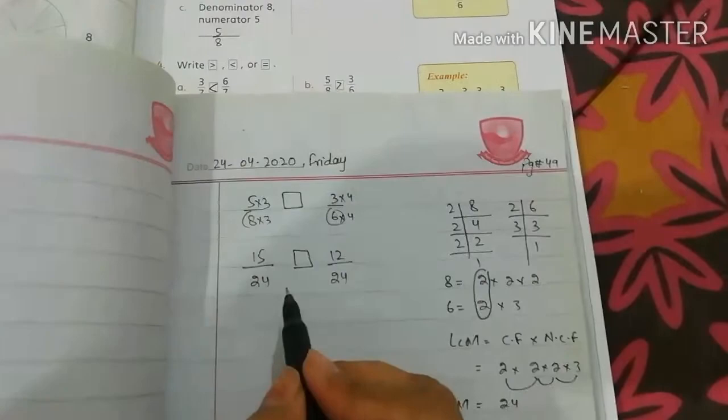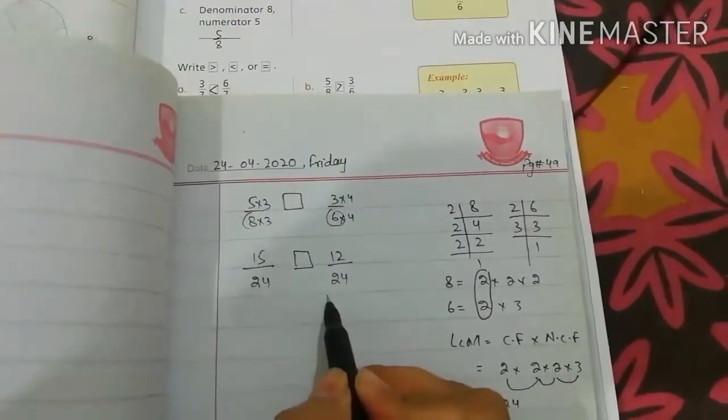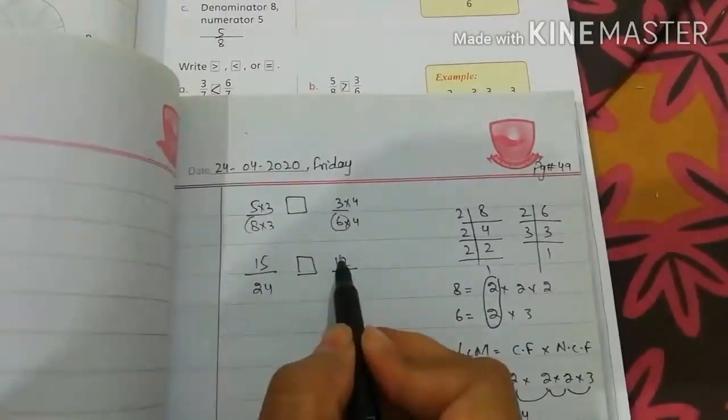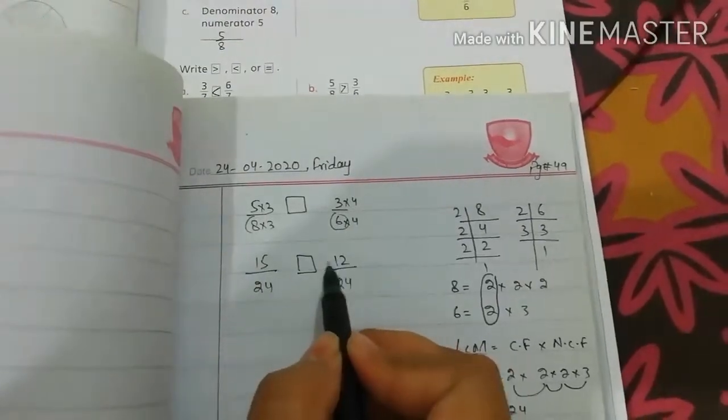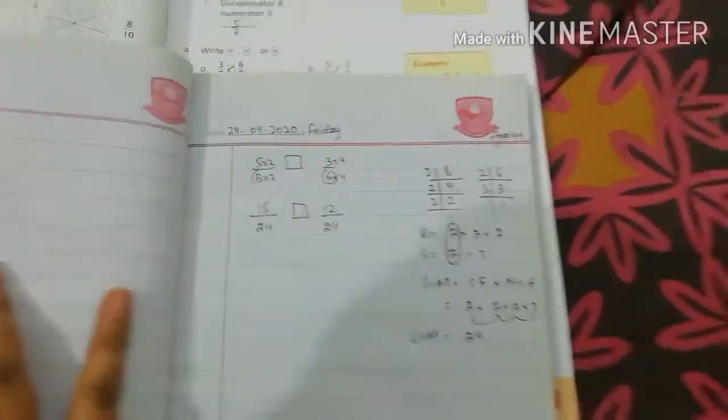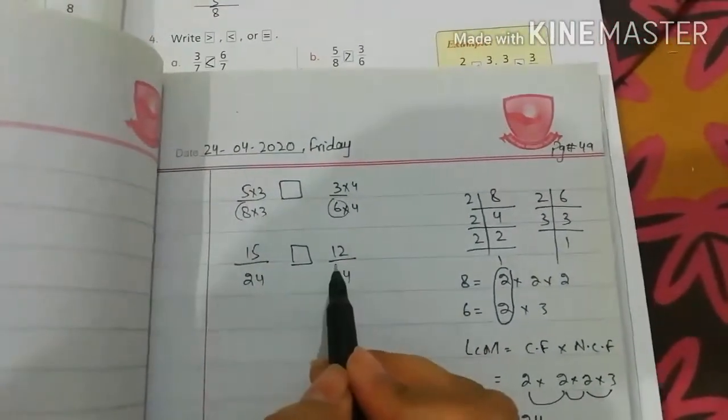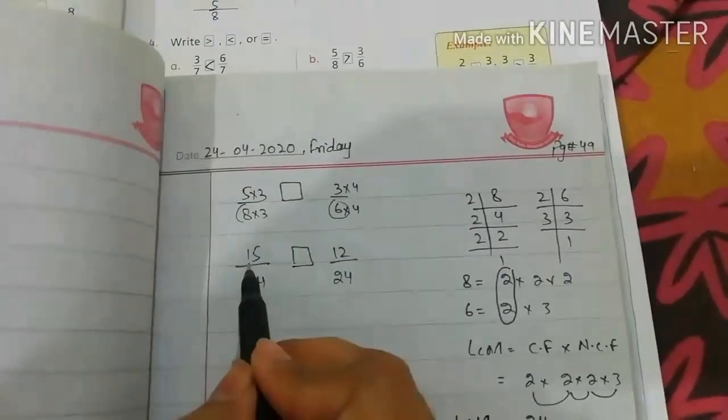Now dear students, look, denominators are same. Now we will compare numerators, that is 15 and 12. 15 is greater than 12, 12 is less than 15.